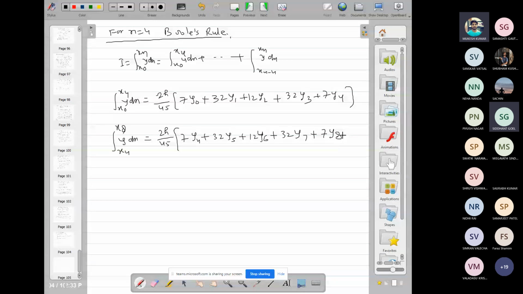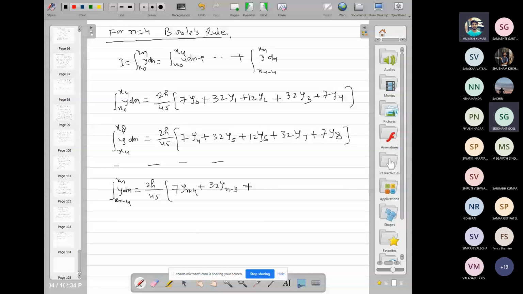In this way, we obtain the integral from x(n-4) to xn of y dx as 2h upon 45 times (7y(n-4) plus 32y(n-3) plus 12y(n-2) plus 32y(n-1) plus 7yn). Adding these, we obtain the general formula.